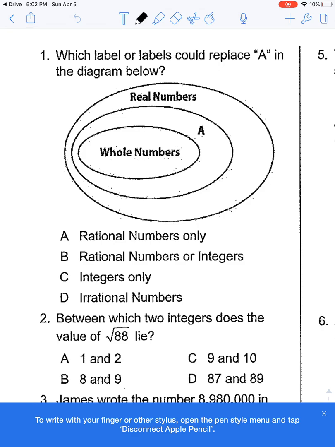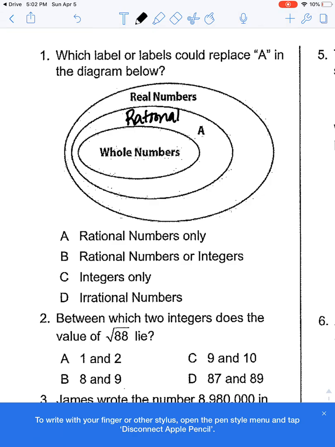Well, if you remember from looking at numbers and where they go, basically there's real numbers, and then the next in would be rational numbers. So you could put rational numbers here.